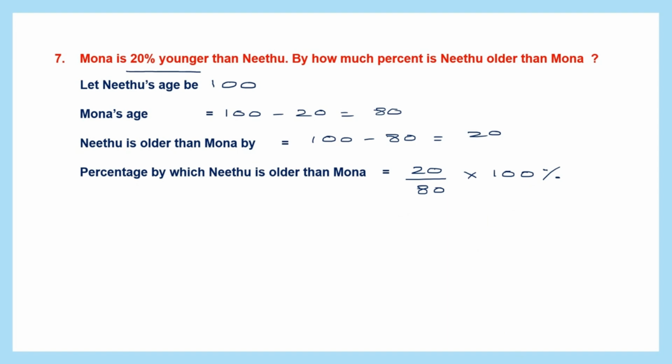Now here let's cancel. 2 ones are 2, 2 fours are 8. I can cancel 4 and 100. 4 into 25. So now we have the percentage, that is 25%. This is the percentage by which Neetu is older than Mona, that is 25%.